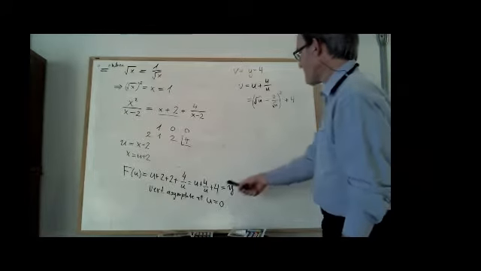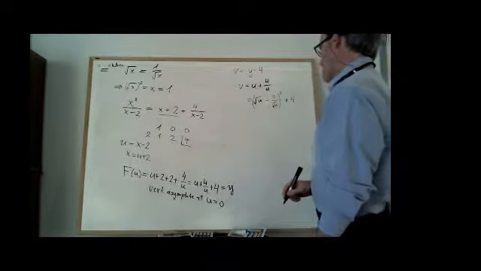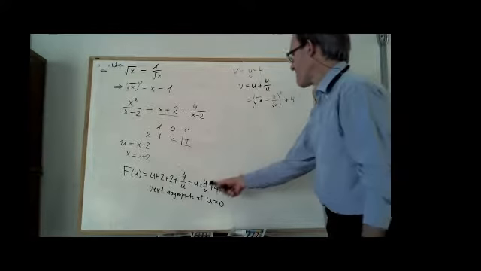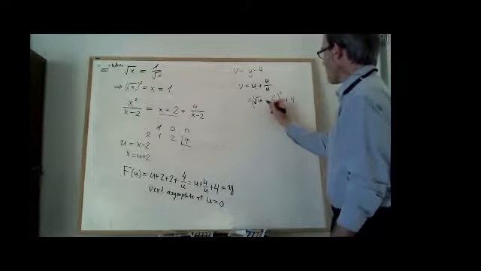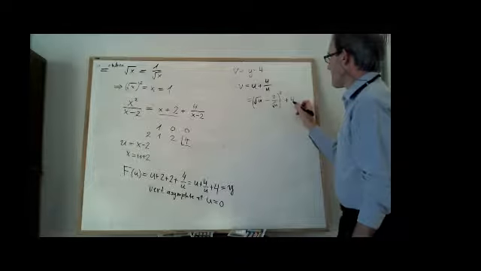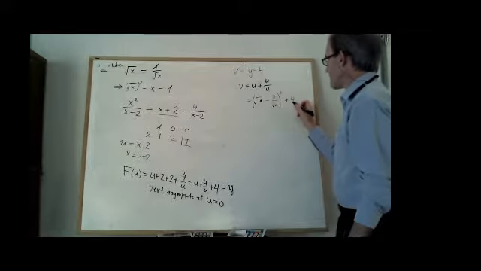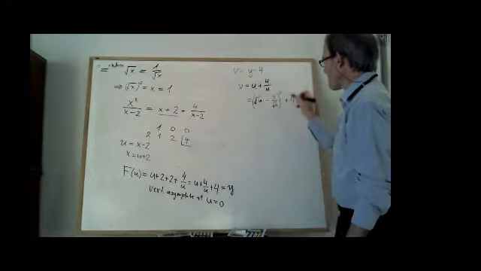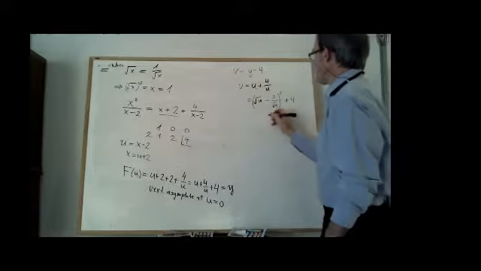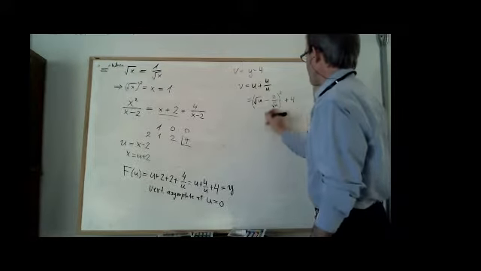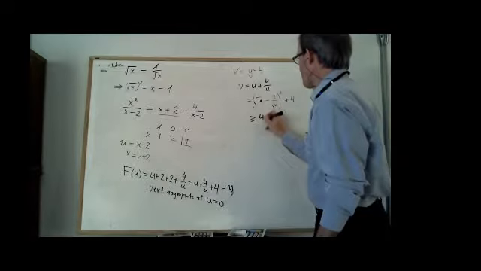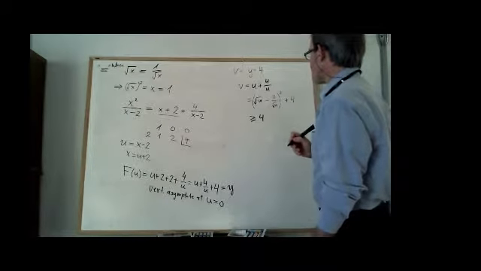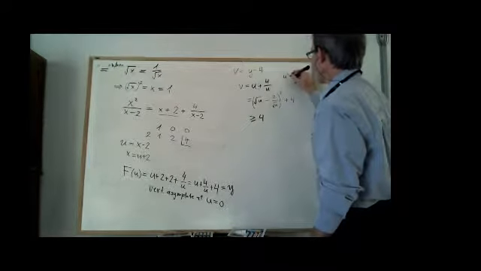Oh no, sorry, it wasn't. I had the wrong sign here, actually. So I want a minus sign in there. And so, anyway, this is equal to this. And this is bigger than or equal to 4, when u is positive.